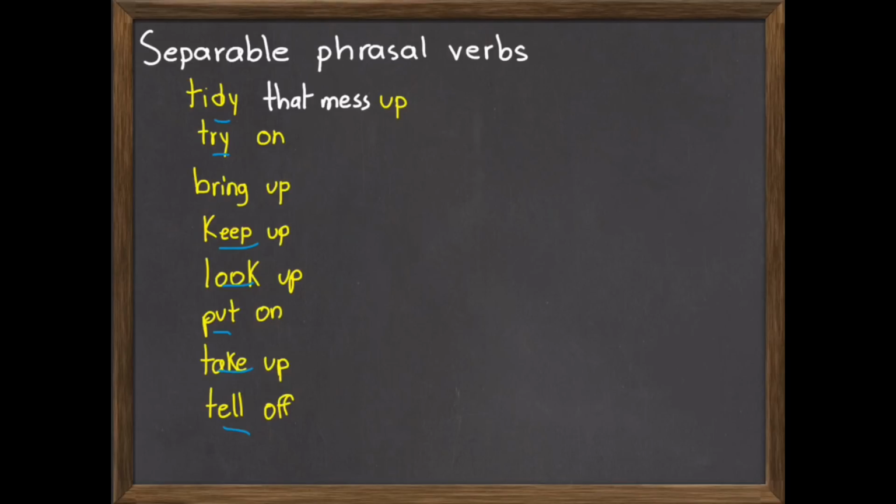As I said, it could go between the verb and the particle or after them, such as tidy up that mess. And that applies for practically all of these separable phrasal verbs and some other separable phrasal verbs that you may know.